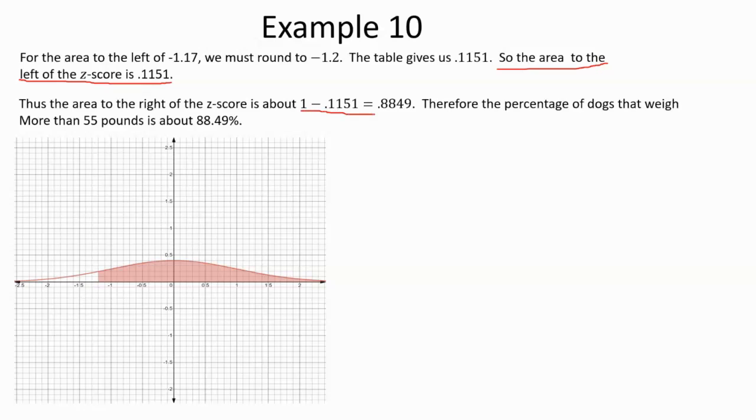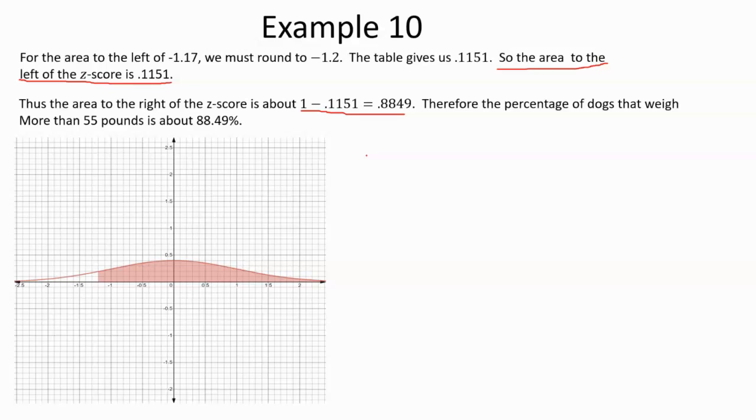If we subtract that from 1, that gives us the area to the right of negative 1.2. Again, the total area is 1. We subtract off 0.1151. And what's left over is 0.8849. So that's the area to the right.